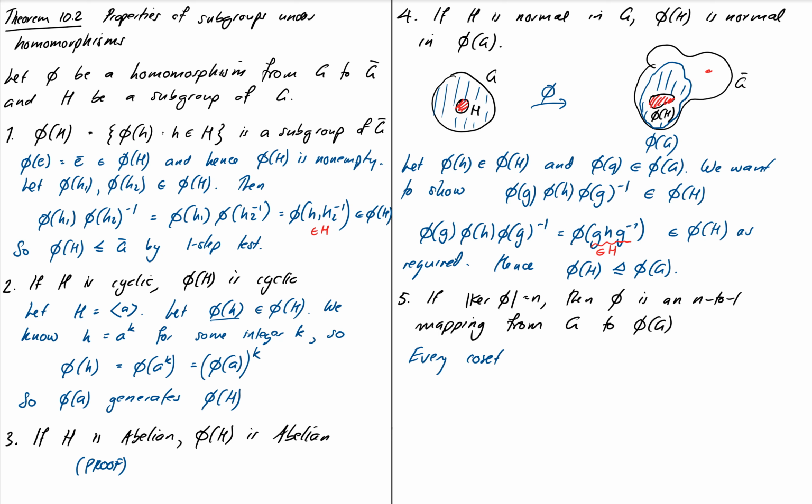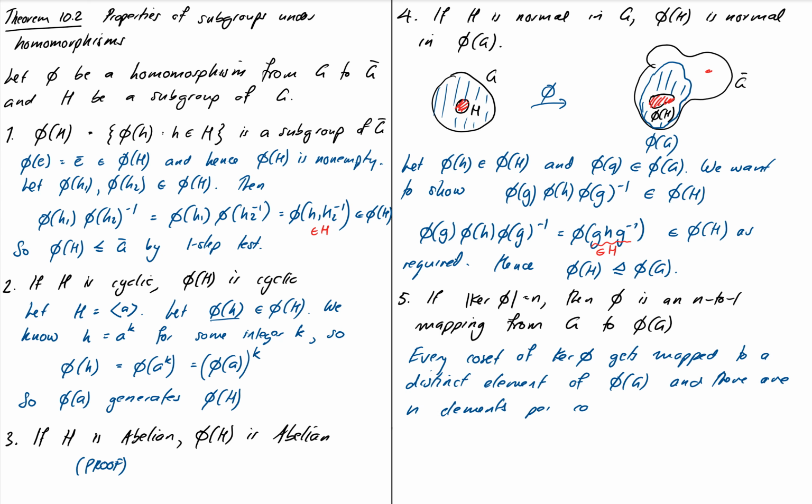Every coset, I better say what the coset's of, every coset of the kernel of phi gets mapped to a distinct element of phi of G, and there are n elements per coset.